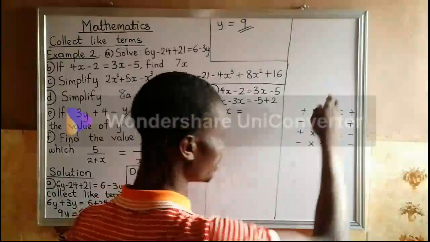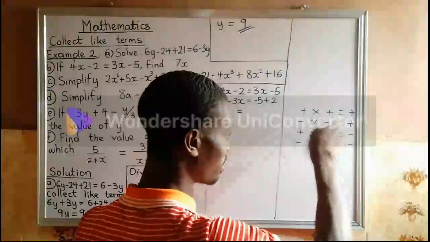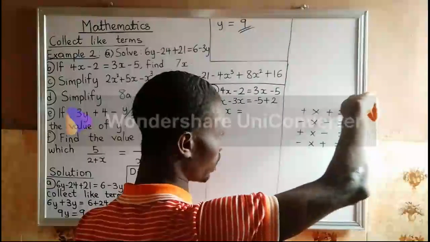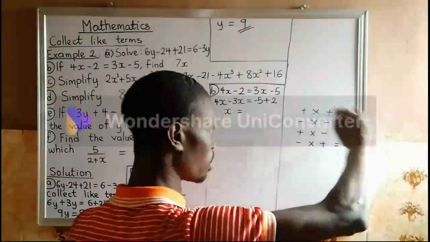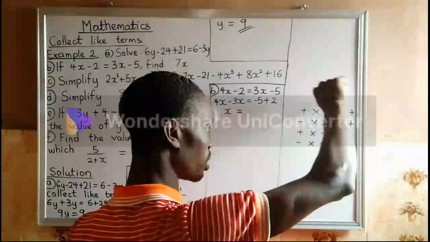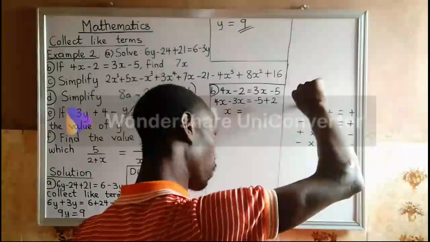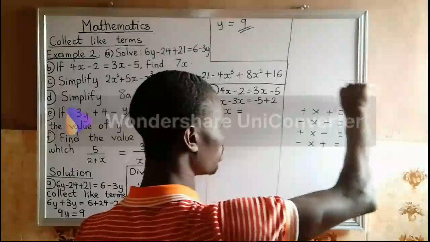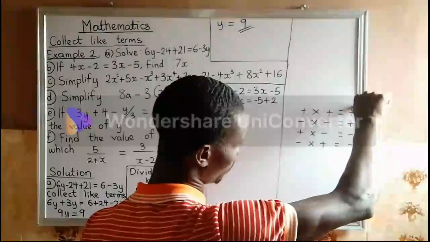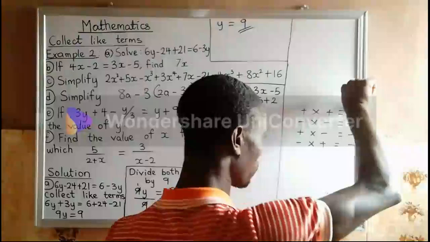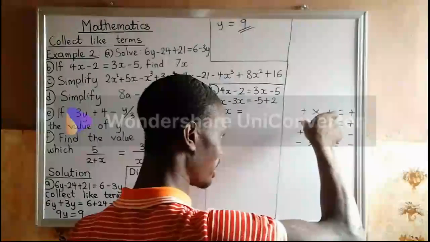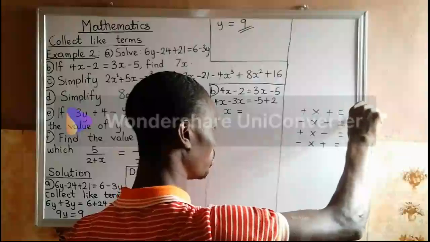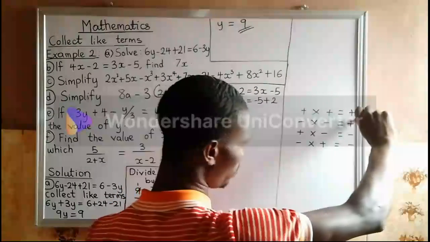So the summary of this is that if the signs are the same, the multiplication result will be plus. That is, plus multiplied by plus. So the signs are the same, the result for the multiplication will surely be plus. The same also with minus. Minus times minus, the signs are still the same, the result for the multiplication will be plus.